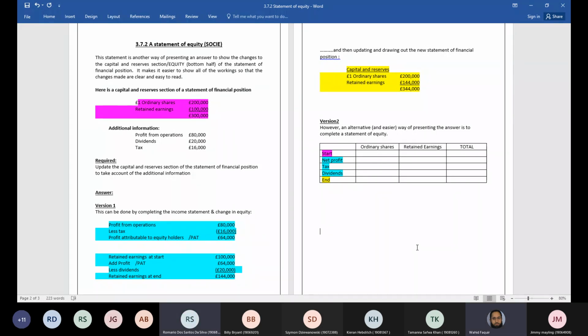Sir, you know ordinary shares, how you go like tax and ordinary shares? What you write in that box, do you write the ordinary shares after taking away the tax from it? Well, you can see that ordinary shares haven't changed. It was £200,000 at the start. At the end, it's £200,000.